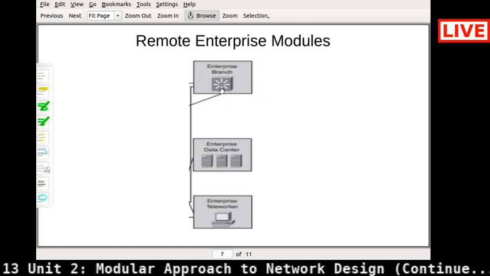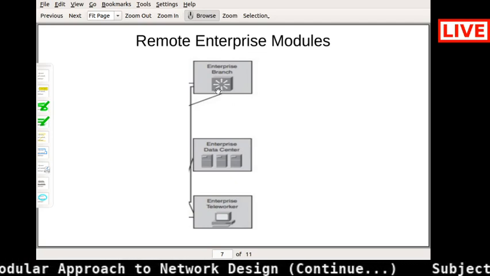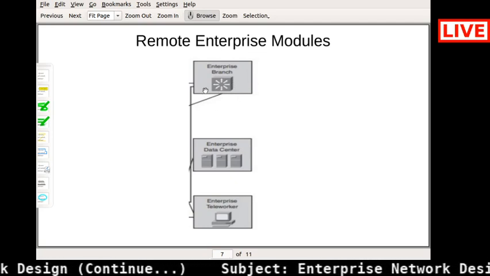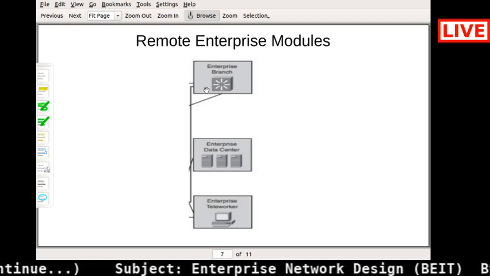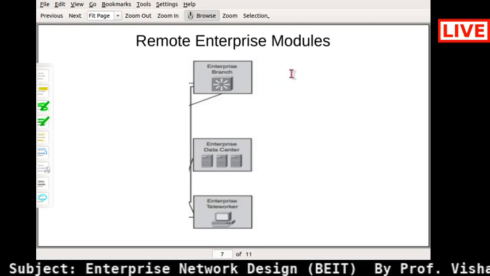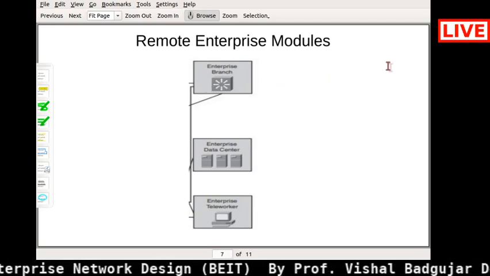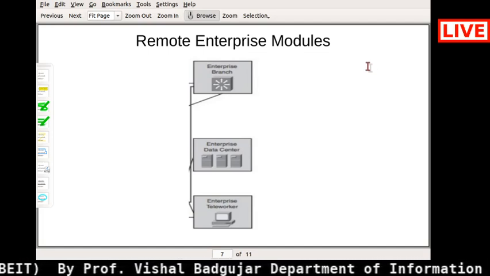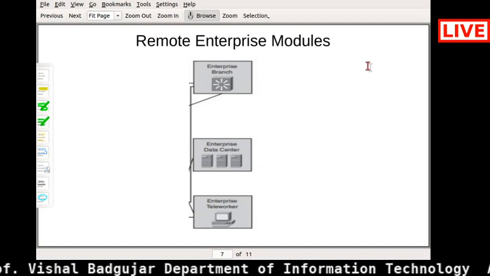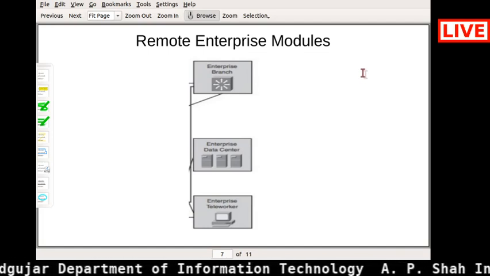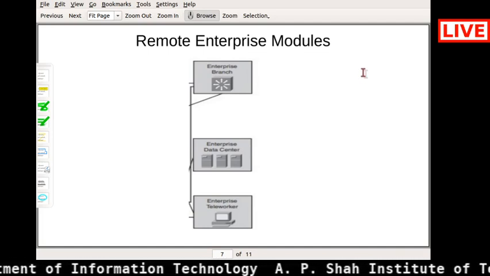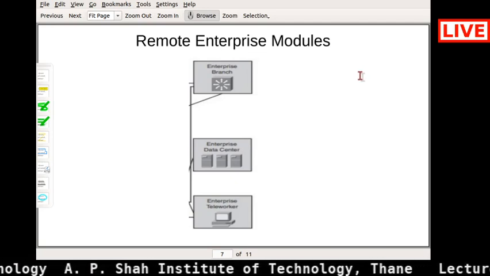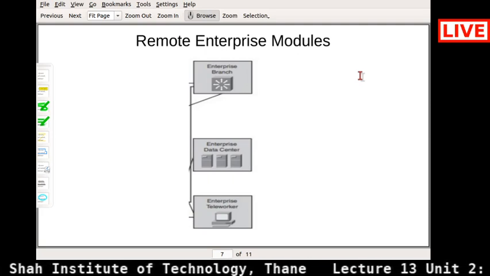This can be used as an extension of your enterprise. Whatever your organization is, you can extend the enterprise to a different location with a network architecture, integrating different security services, or using wireless mobility at that particular branch, right?